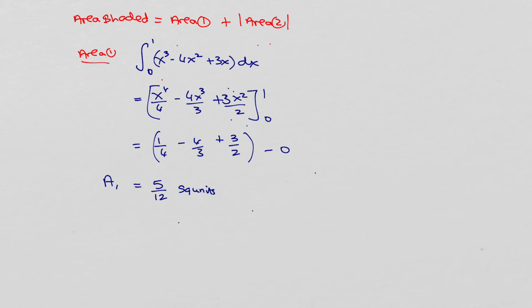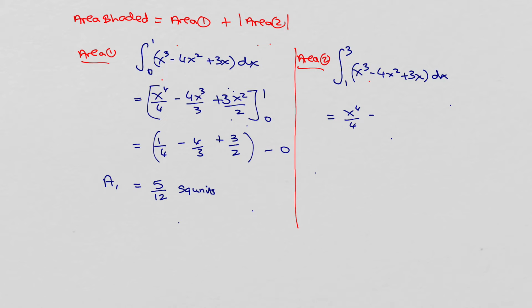So now if I do the same for area 2, well, this time my limits are 3 and 1. And it's the same function, x cubed minus 4x squared plus 3x dx. So I'm just limiting where I'm getting my area for. So of course the answer for the integral is the same. We've already integrated that. I was about to say differentiated. And we're just changing the limits.